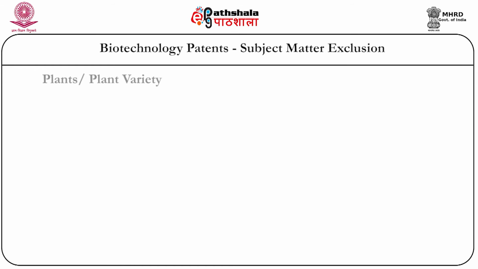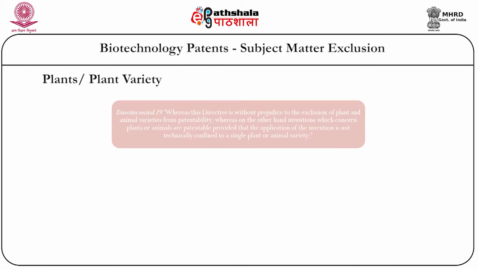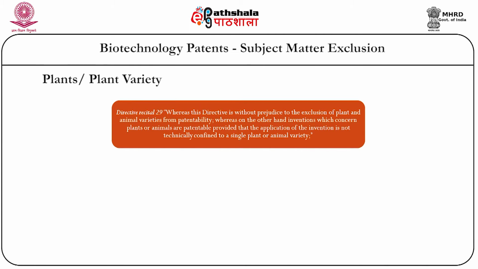What about plants and plant variety? Now, the Europeans have a directive in this regard, and Directive 29, that is the Biotechnology Directive, states that the directive is without prejudice to the exclusion of plant and animal varieties from patentability, whereas inventions which concern plants or animals are patentable provided the application of the invention is not technically confined to a single plant or animal variety.